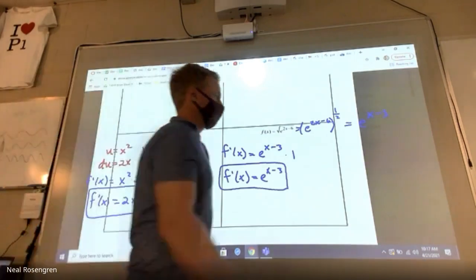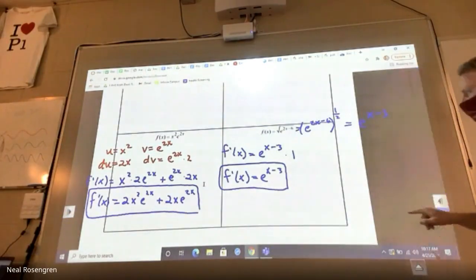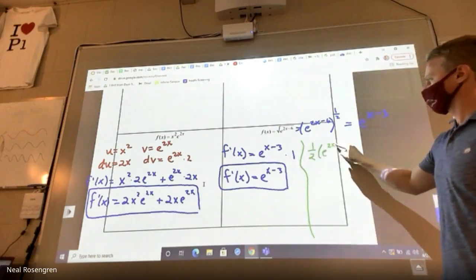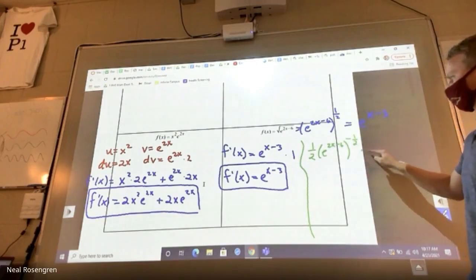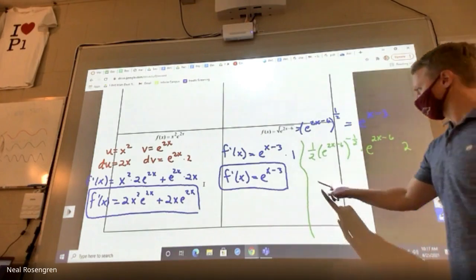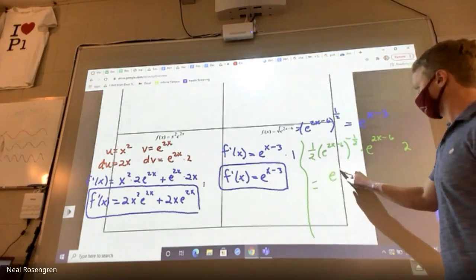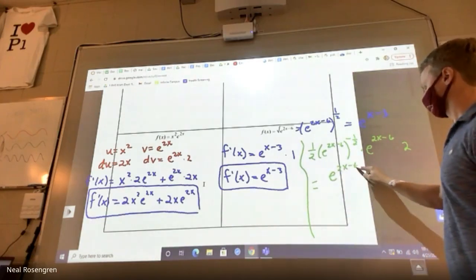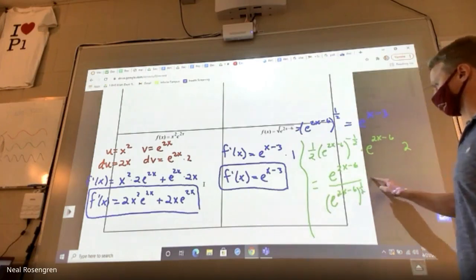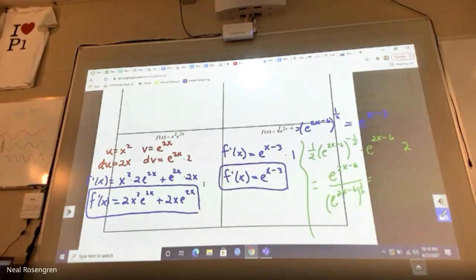Now, I'm just a little curious. What would happen if I just chain ruled it instead? In base, subtract exponents, multiply.